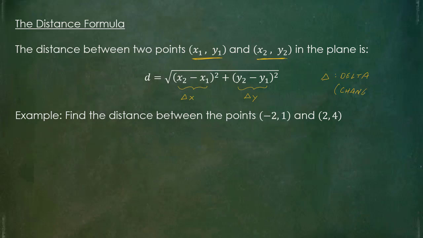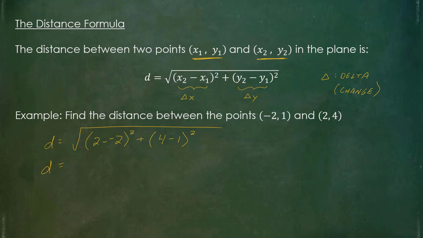So let's try an example of this. If I want to find the distance between the points (-2, 1) and (2, 4), I'd first set up my radical, and then it's the 2 x values subtracted, so 2 minus -2, quantity squared, added with my 2 y values subtracted, so 4 minus 1, quantity squared.